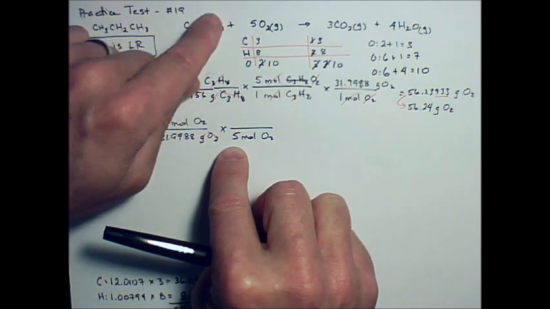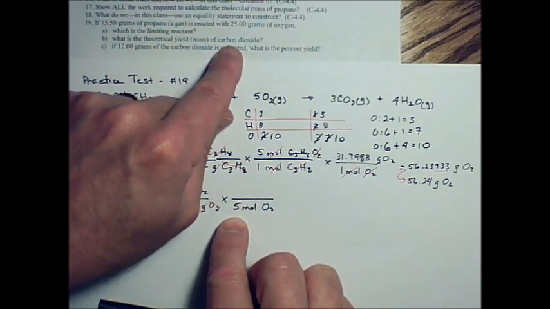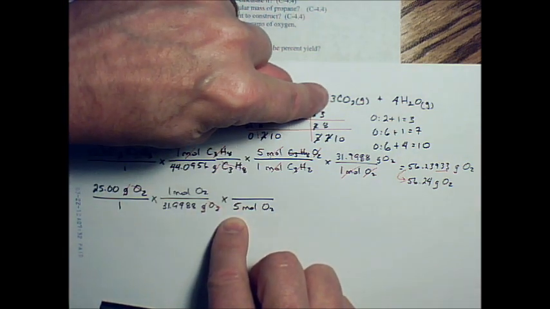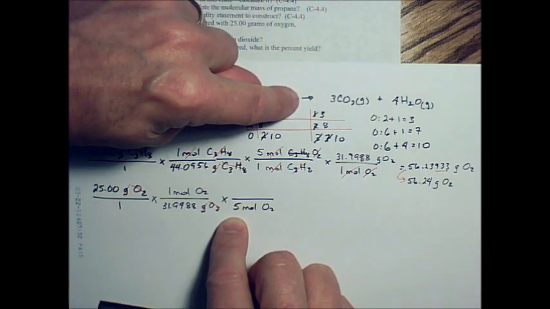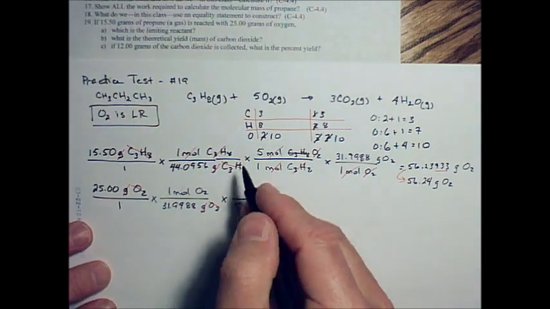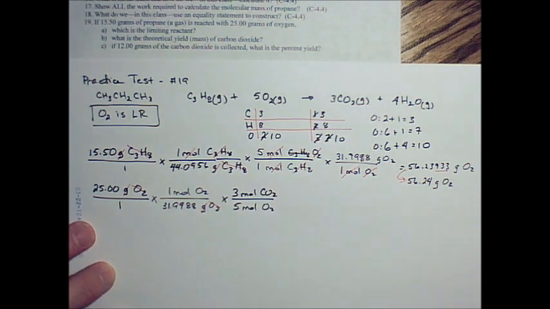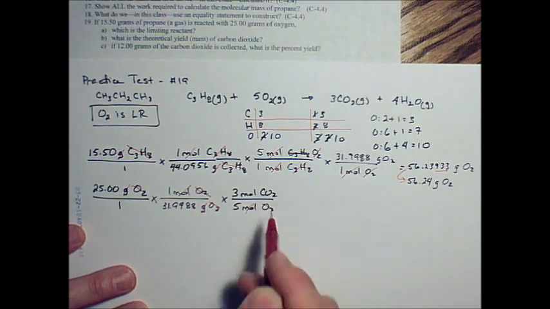But now I want to find the product I'm seeking. In this case, I'm seeking, in the problem, carbon dioxide. So what I want on the top here is moles of, not this, but the product over here. This is what we're yielding over here. The arrow here means yield. So we're going to put 3 moles of CO2 up here. Okay, cancel these units and this species.